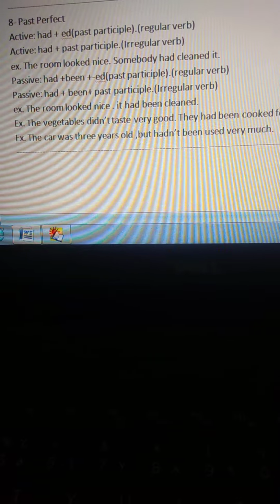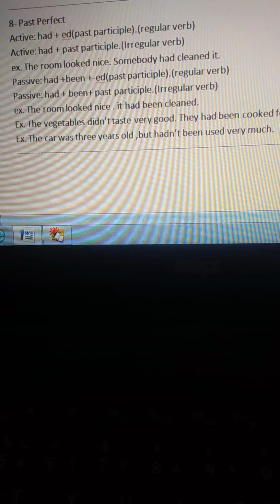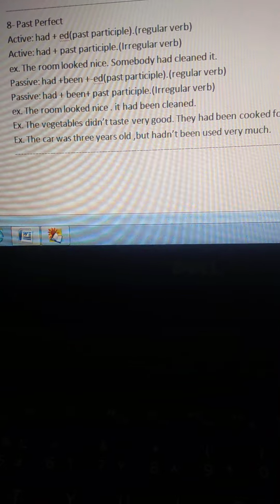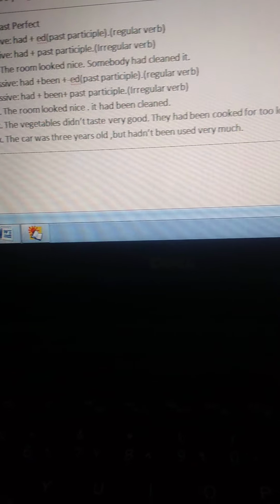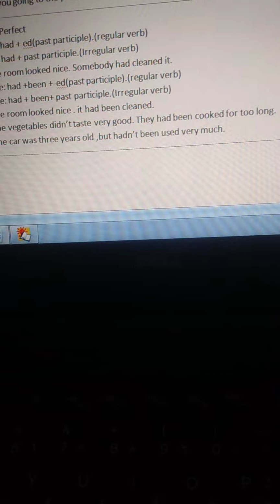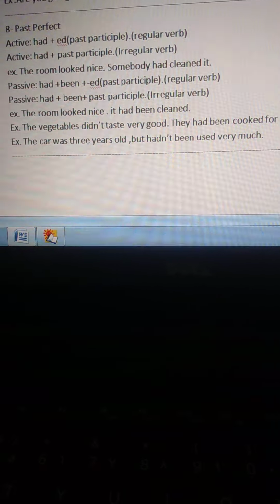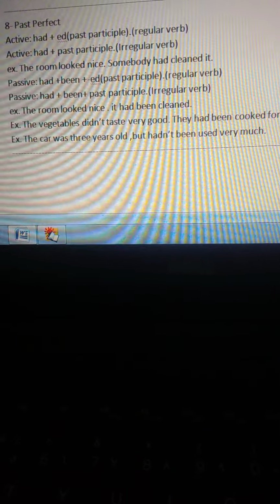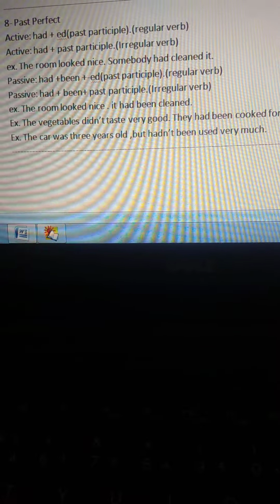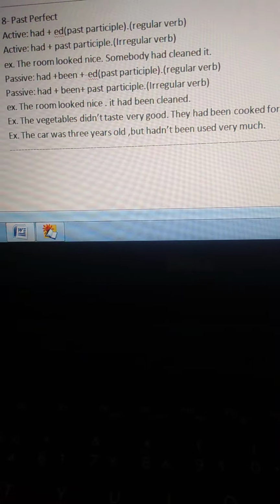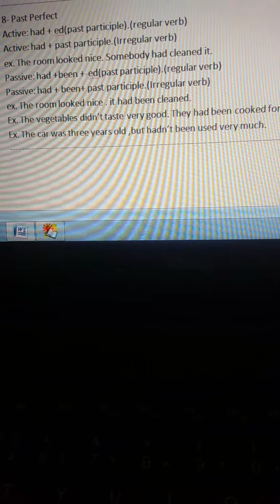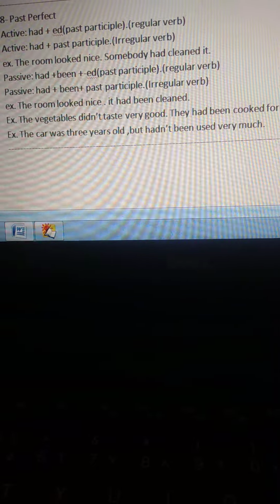The vegetables didn't taste very good. They had been cooked for too long. The final sentence: the car was 3 years old but hadn't been used very much.